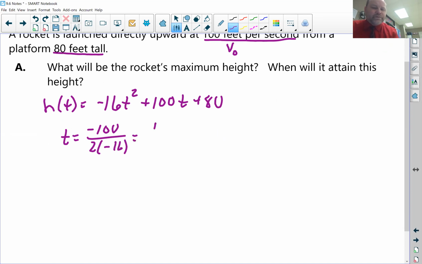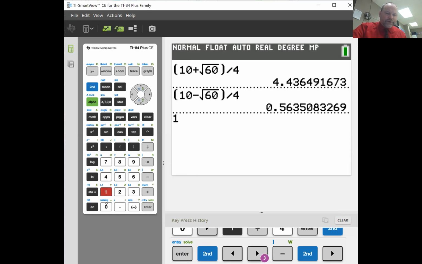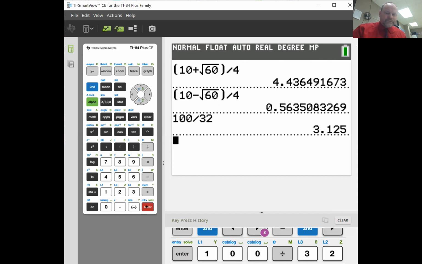That would be the same as negative 100 over negative 32. A negative divided by a negative is positive, so we can just write it as a positive. So we have 100 divided by 32, 3.125.